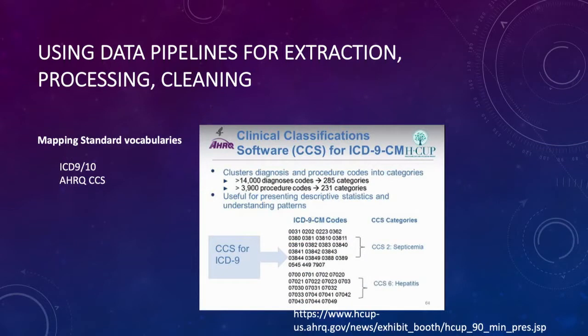So we've got ICD-9, and then in 2015, everyone moved over to ICD-10, but these would be standard ICD-9 codes that collapse down into septicemia. The clinical classification scheme has 285 categories, but that's still better than 14,000 ICD-9 codes. The clinical classification scheme exists for ICD-10 codes, but it's in beta, and so it's not clear.